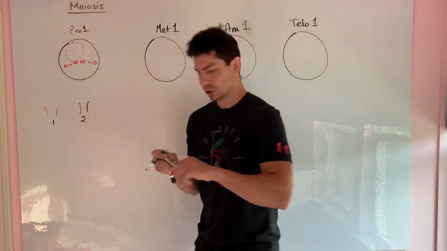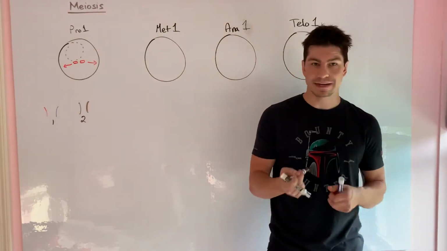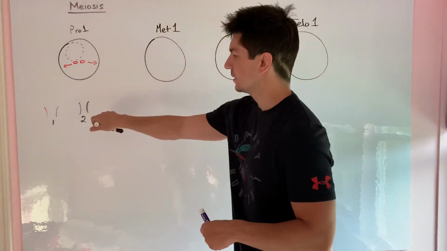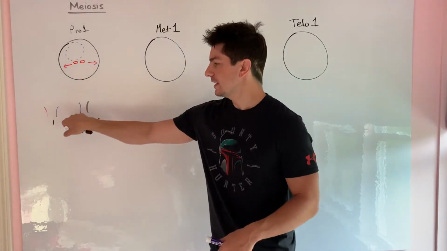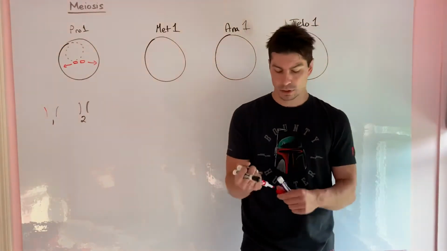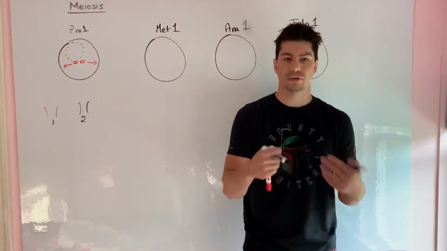Okay, so the goal of meiosis is to allow you to make a kid. So when we are doing this, these chromosomes were given to you, they're actually from your mom and dad. You're going to pass one of those chromosomes onto your kid.